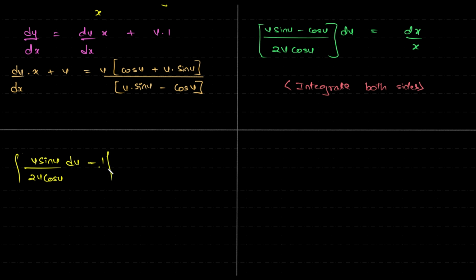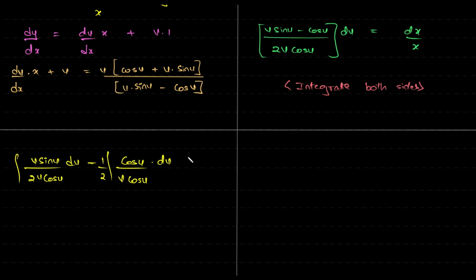And I can take 1 by 2 out. This also I could have taken 1 by 2 out. Anyways, I've written it. Let it be there. So now again I'm using distributive property, remember. 2 I already written. So v cos v into dv.